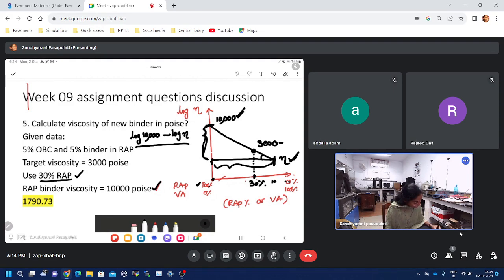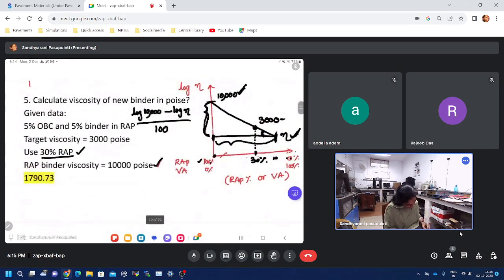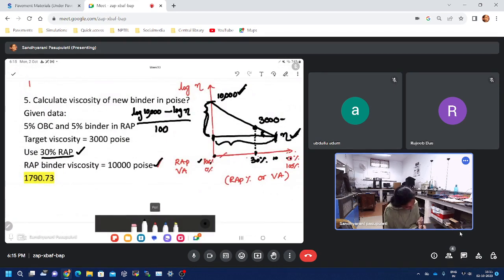Here what is the value? 100. Here what is the value? 0. So this is 100. So just now I have written about this slope. We know that this angle, whatever I have written, can also be written as log of 10,000 minus log of eta divided by 100. That can be written as the same y2 minus y1 by x2 minus x1. How do I get this y?